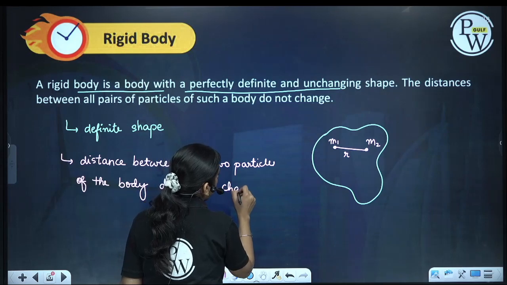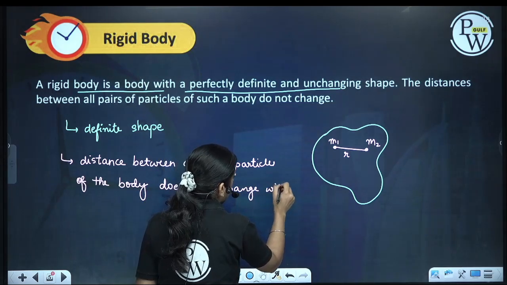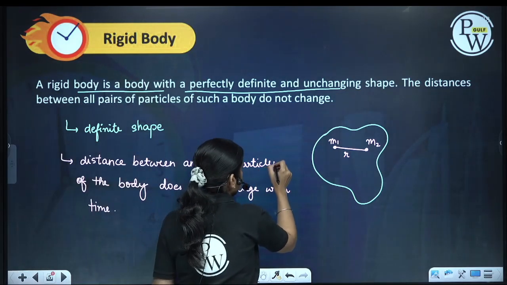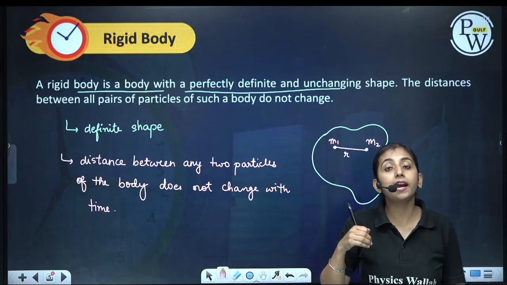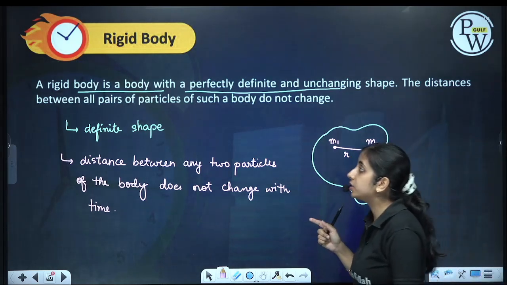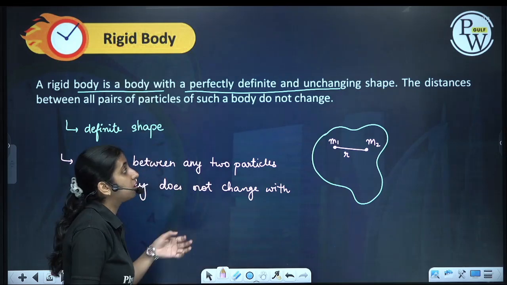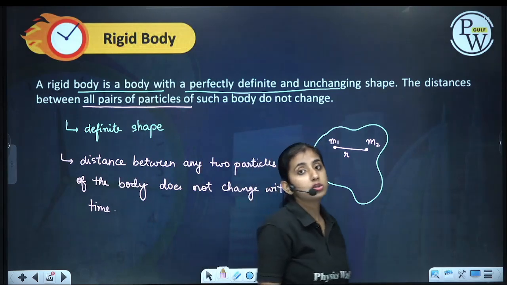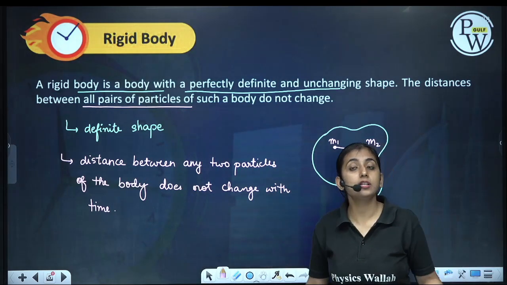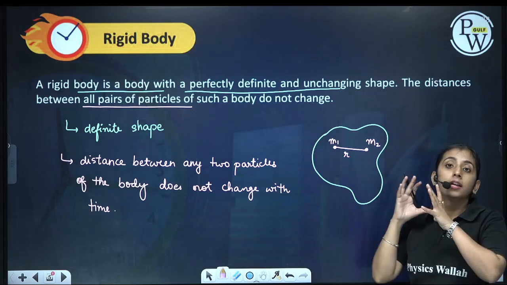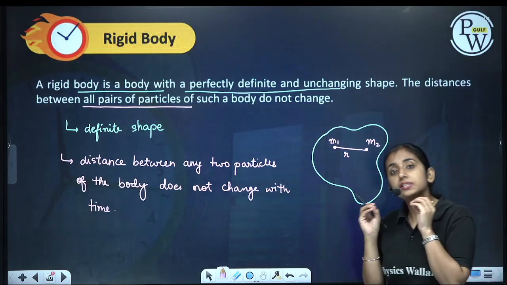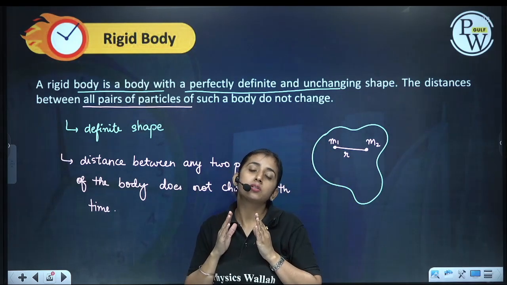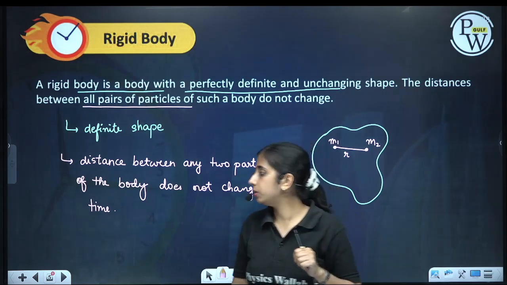It cannot change with time. The distance between all pairs of particles of such a body does not change. If it changes, then the shape will change. So if we have a body where the distance between any two particles is constant with time, such a body is called a rigid body.